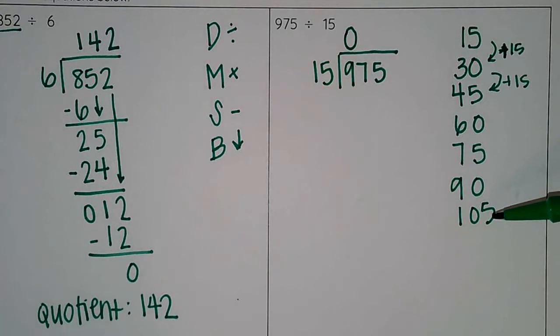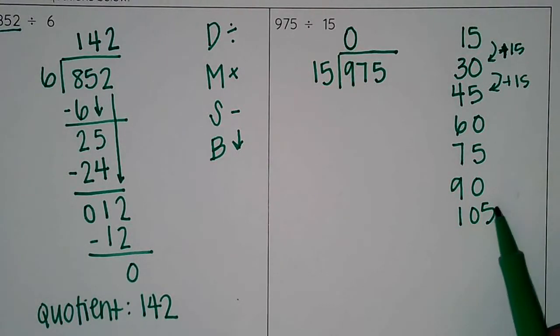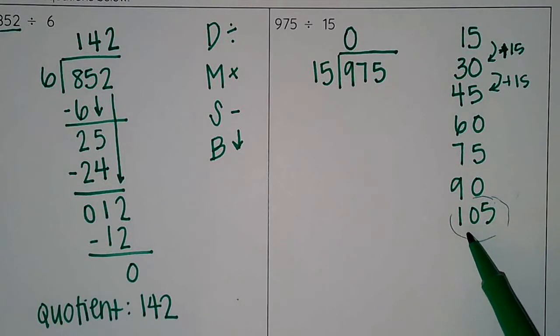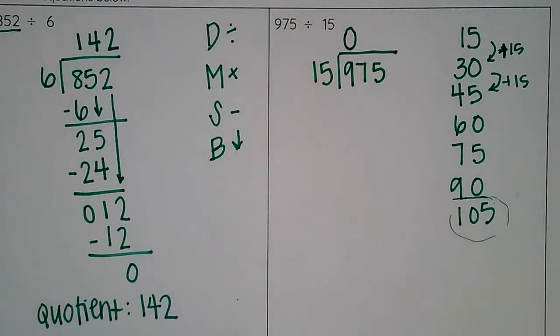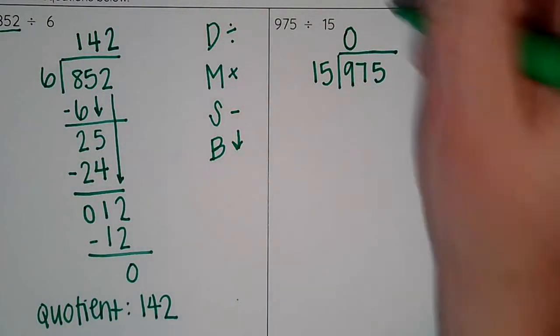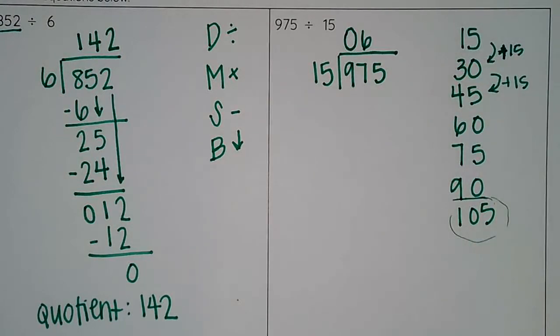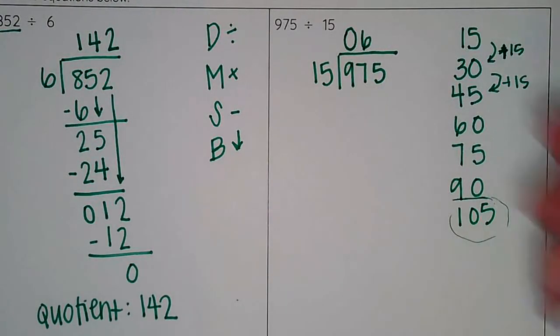But we know that it can't go over, right? This is a lot higher than 97, so that won't work. We need to stay below 97. So we will say 90. 15 goes into 97 6 times evenly. Okay? So 15 times 6 we know is 90.